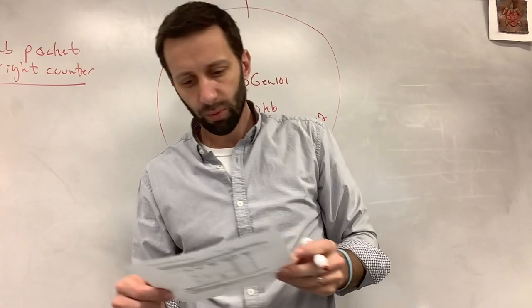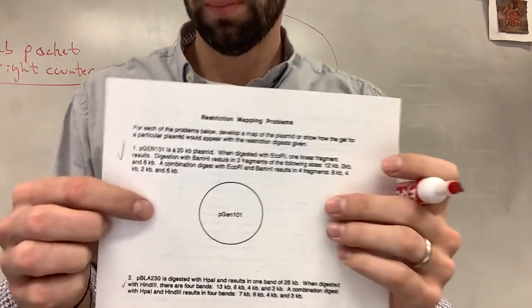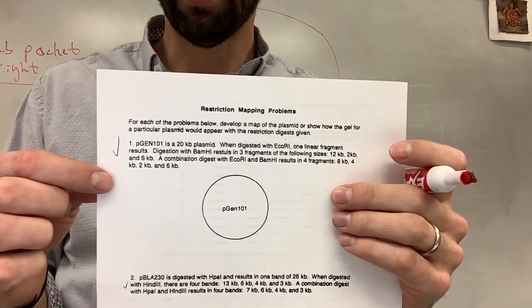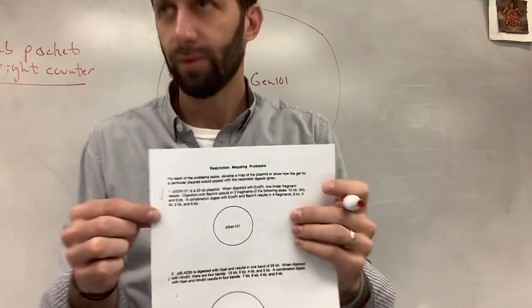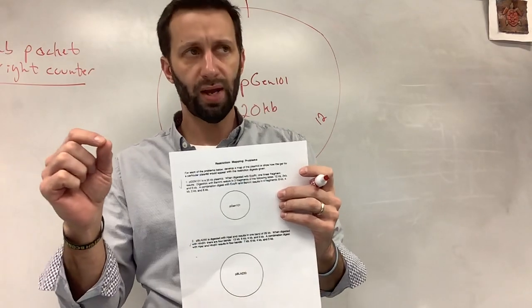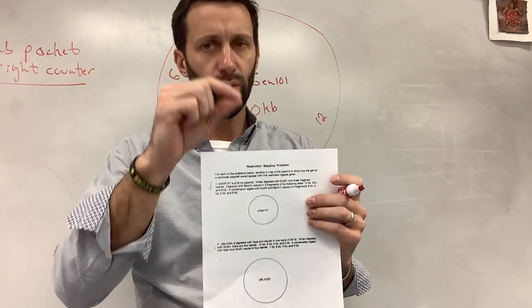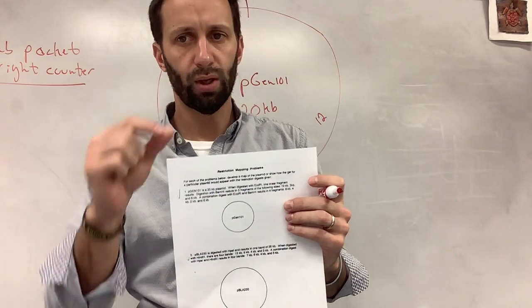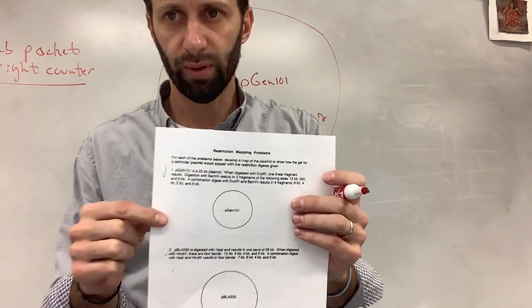Now, Katie, what's the last thing that tells us? Combination digest with EcoRI and BamHI. What does that mean, a combination digest? It mixes the plasmid with the 2 restriction enzymes, and they're both cutting it at the same time. So how many fragments do we end up with? 4.